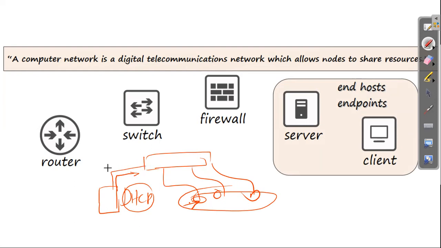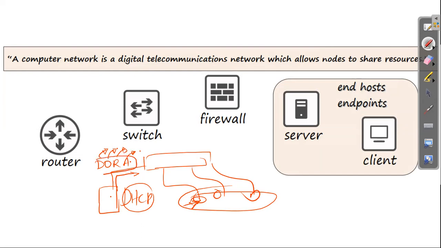Here there are four processes that happen, called the DORA process. First, the client starts to find the DHCP server, then receives a message from the server, and again sends an acknowledgement. So discovery comes first, then the server offers, then the client requests, and the server acknowledges.